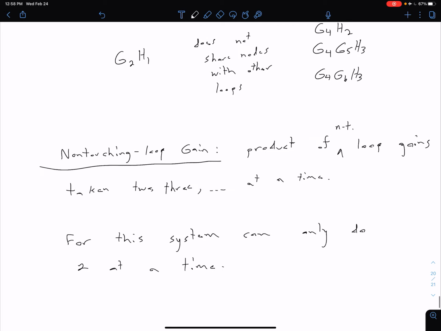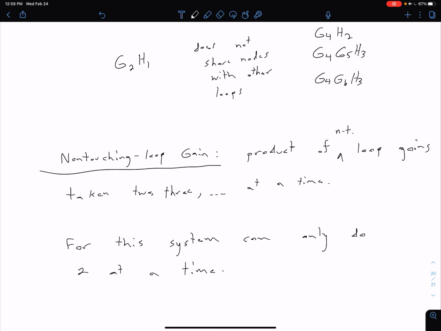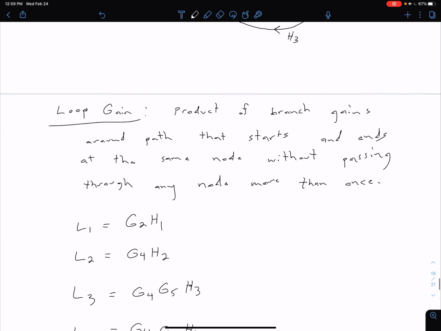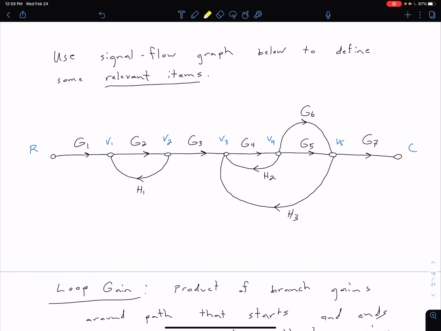The reason for that, again simplistically, is we can think of it as going through multiple loops as we move from left to right. Coming back up to our system, let's say we're moving from R to C. We can go through this loop, and then we can go through this loop. Both of those are non-touching loops, so that would be one combination.